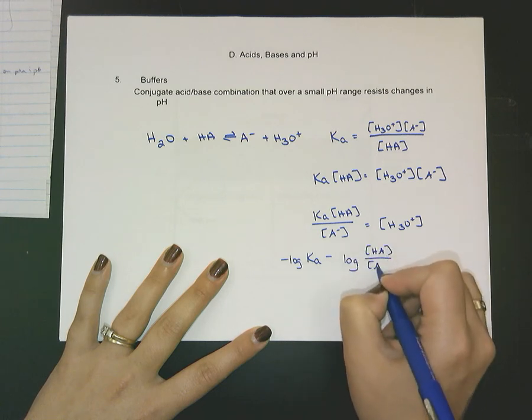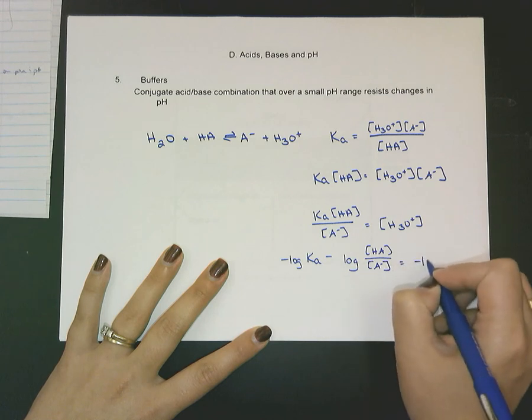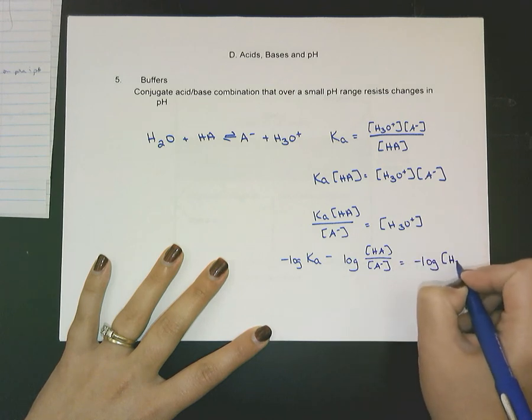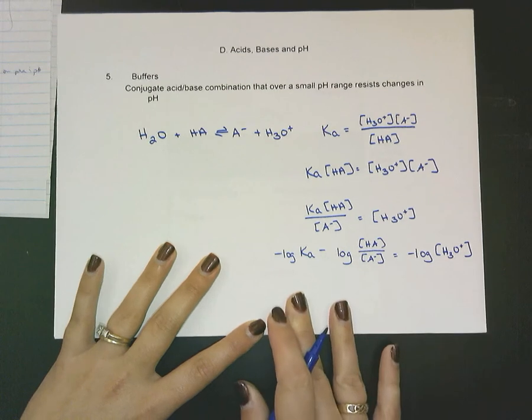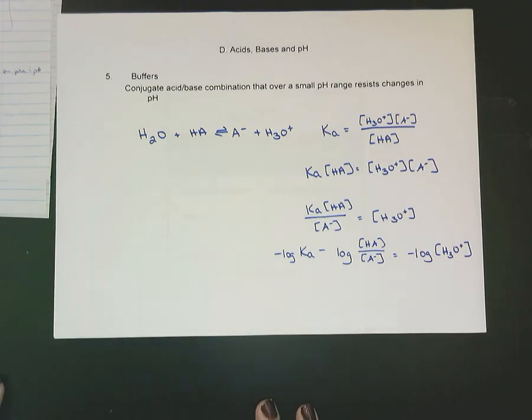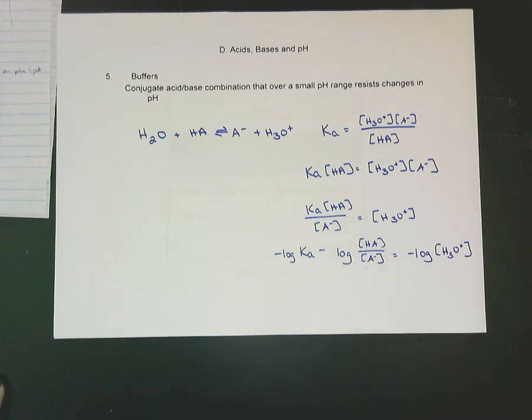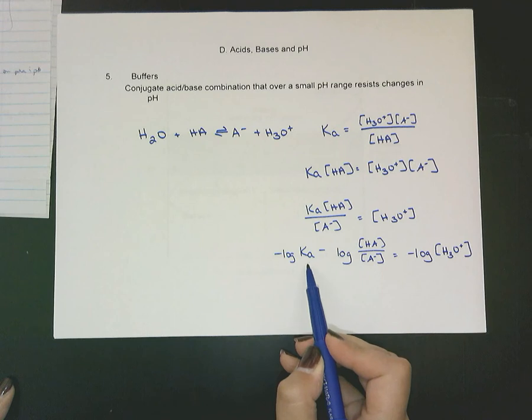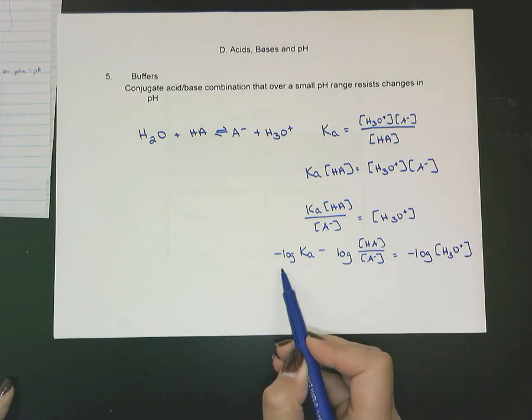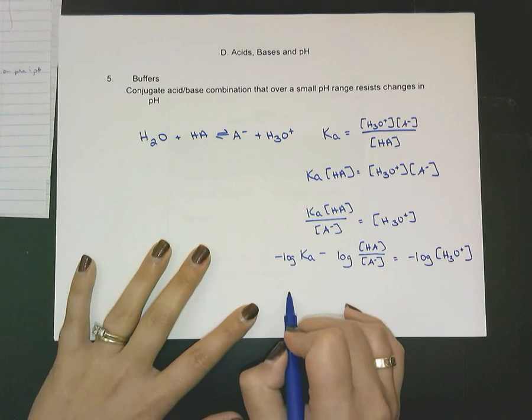If not, you can come by my office and we'll talk about it, because I do love negative logs. So I took the negative log of both sides, which because this is a division, is now a subtraction. What's the negative log of Ka? What's another word for that? pKa.